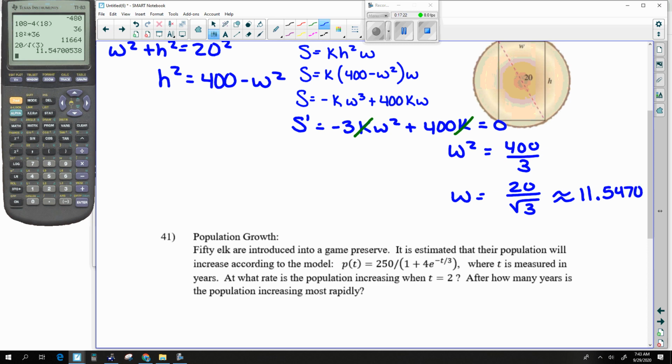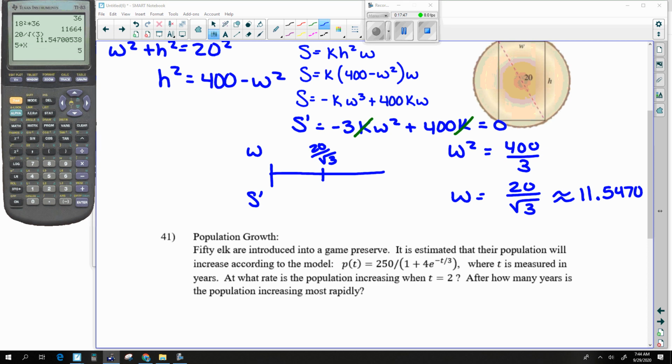Okay, let's go ahead and test that out. So this is the w versus the derivative of strength, and we're testing out that 20 over root 3, which is 11 something. So test a low number, such as the number 5, in the derivative.